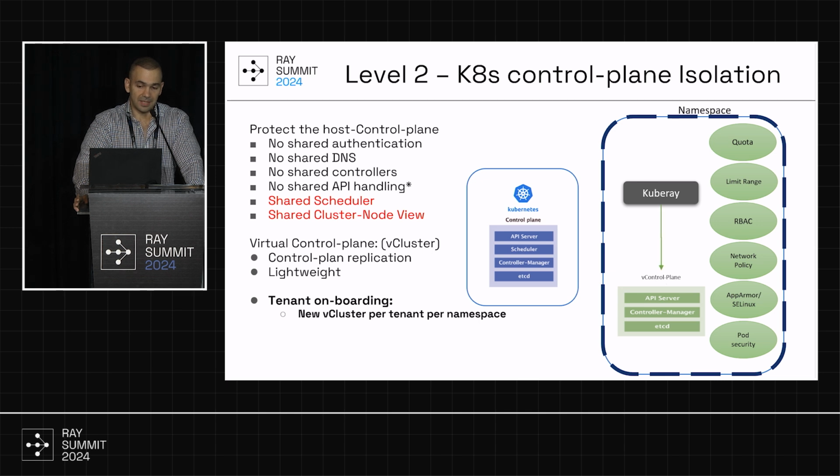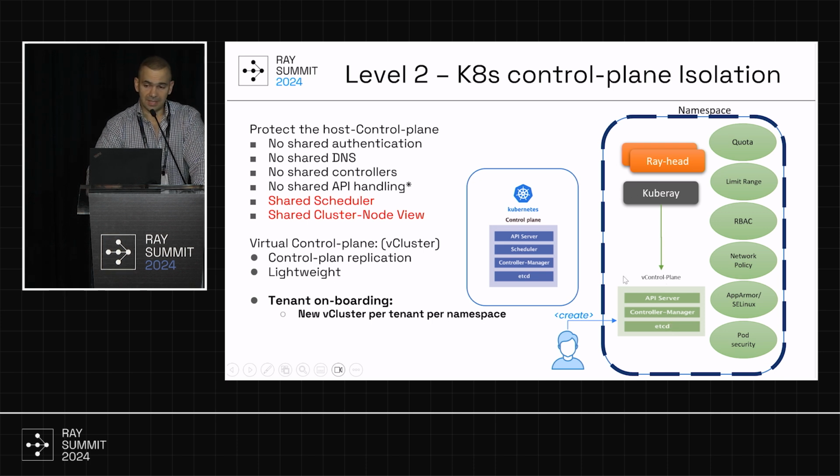And as a tenant, you can simply now interact with that control plane to create other pods, and you will get your own kubeconfig for that particular instance of a control plane, and you will never be interacting with the host control plane here. You will always be interacting with a bounded control plane that's inside a bounded namespace that's creating pods. Even KubeRay, if you put an instance per namespace, it will not be interacting with the Kubernetes control plane.